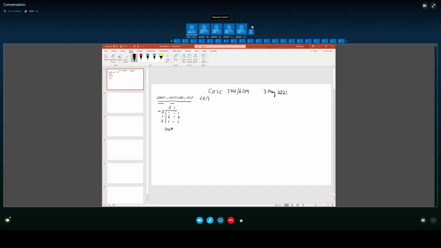And then we do 0 1 star, which is 0, 3, 4. If we do it systematically, we go from state 0 under 0 to 3, from 3 under 1 to 4, and then 3. And so this is 0 1 star. And then you take the union.